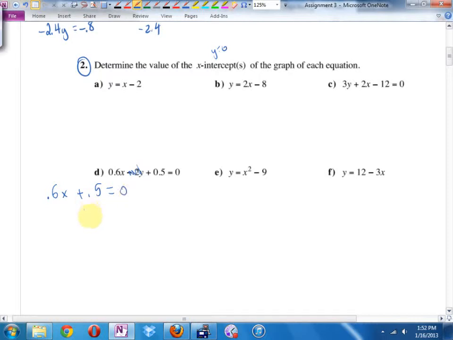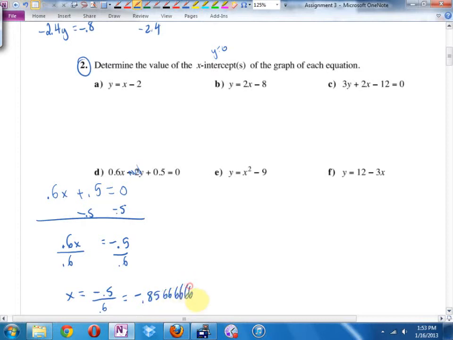Minus 0.5? When I do that, I'm going to get the 0.6x dropping down like a domino, and 0 take away 0.5 is just negative 0.5. Yep. Now what? By? Divide by 0.6. X is going to be negative 0.5 divided by 0.6, which I think is going to be negative 0.85666.